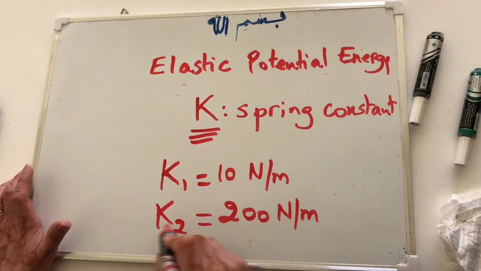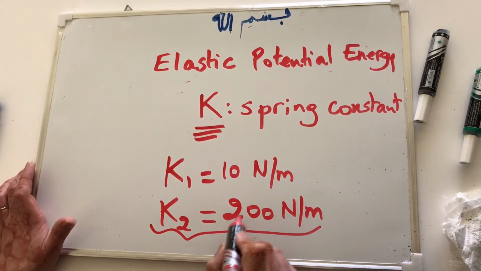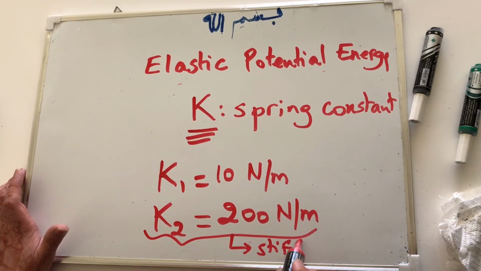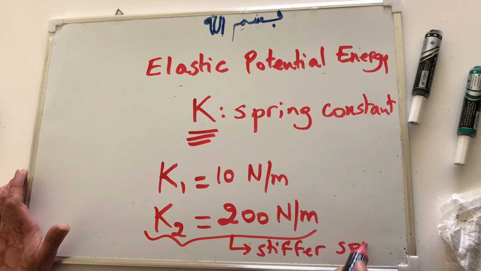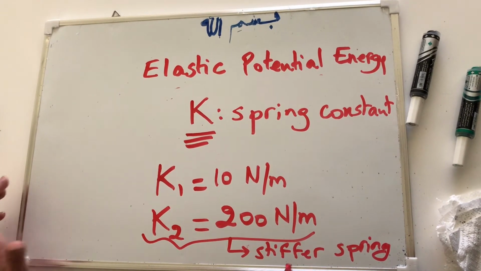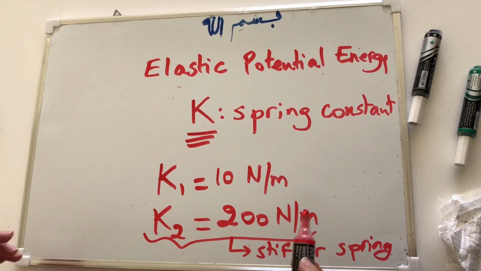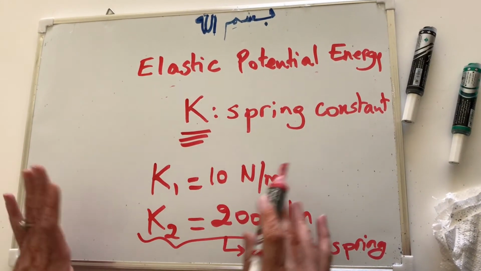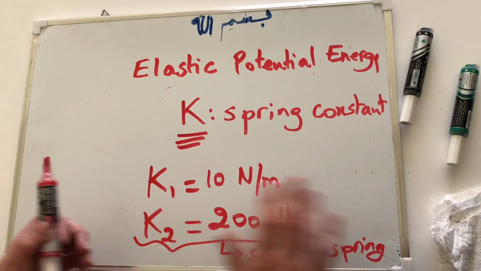Of course, you guessed it and you're right. The higher the K, the stiffer or the stronger the spring, and the harder for us to stretch or compress it. So now we are done with the spring constant.